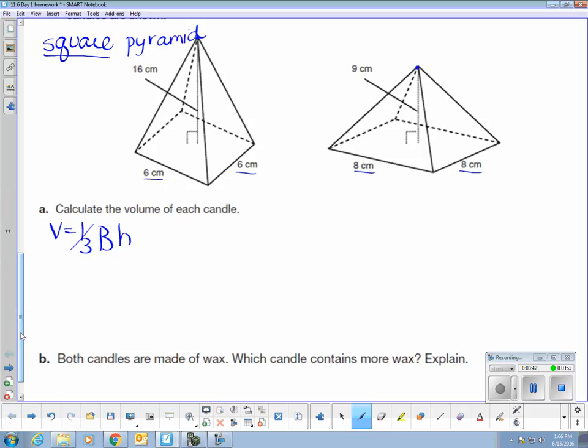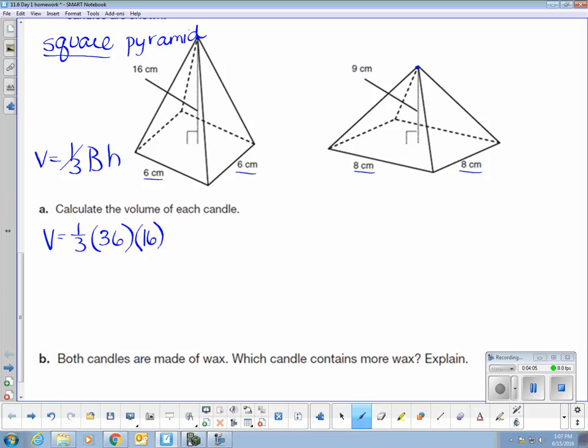All right, so let's take a look. We'll move this guy up here. And we'll find the volume of the first square pyramid. The base is 6 by 6, and the height is 16.